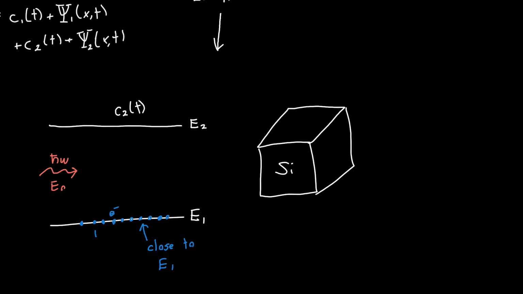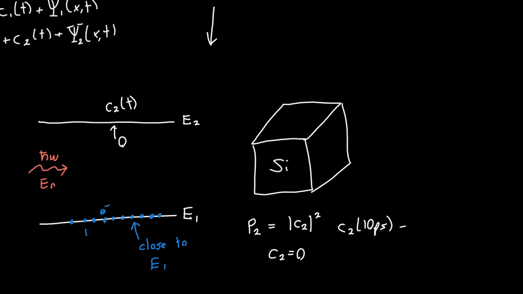Since the probability of an electron being in state 2 is just the magnitude of C2 squared, we know that initially, since C2 is equal to 0, there's 0 electrons in this top state. But if we wait for some time, let's say 10 picoseconds, then maybe the magnitude of C2 squared at 10 picoseconds is 0.1.